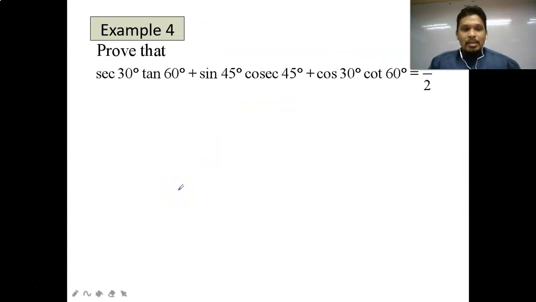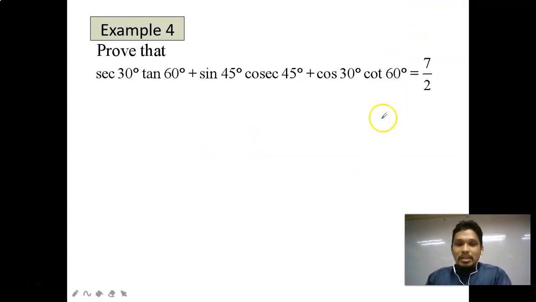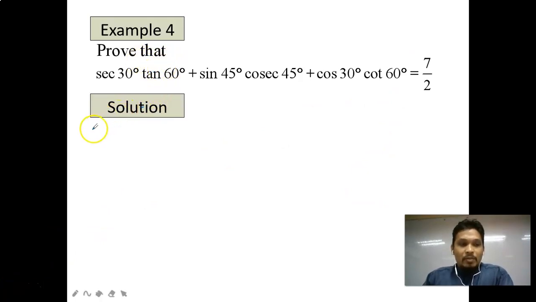Okay, and next is secant 30 tangent 60 degree plus sine 45 and cosecant 45, plus cos 30 degree, plus cos 60 degree, and as you see, here equal to 7 over 2. So the solution from the left hand side, secant 30, you may refer back to the table of the sine, cos and tangent, the special angles that you saw just now.